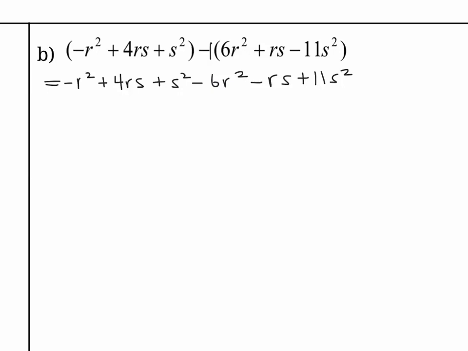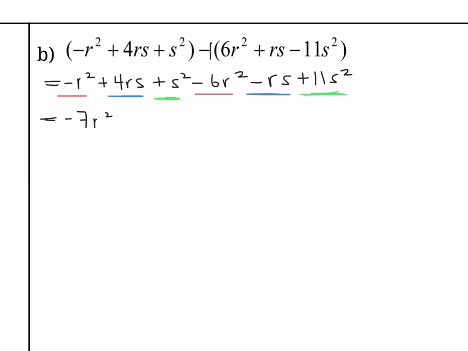So we have a negative 1r squared here and a negative 6r squared here. We have a 4rs and a negative 1rs. And then we have an s squared plus an 11s squared. So if we collect the r's first, we have negative r squared minus 6r squared. That's going to be negative 7r squared.